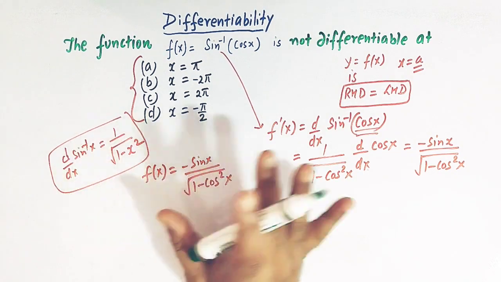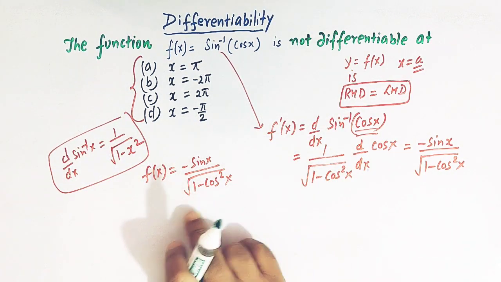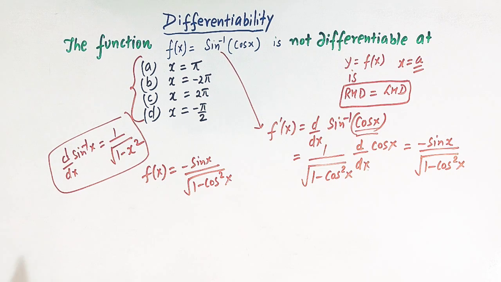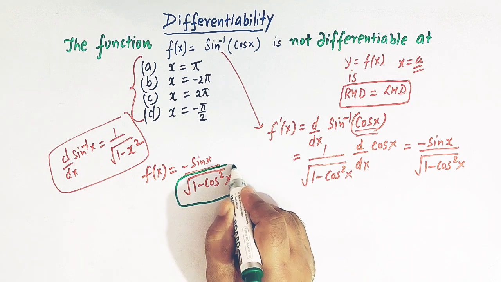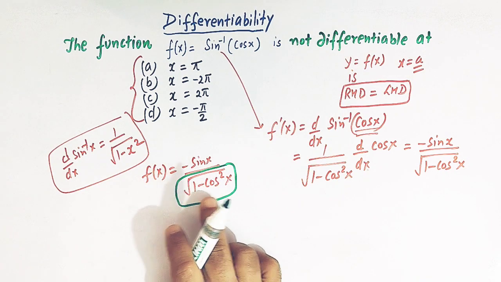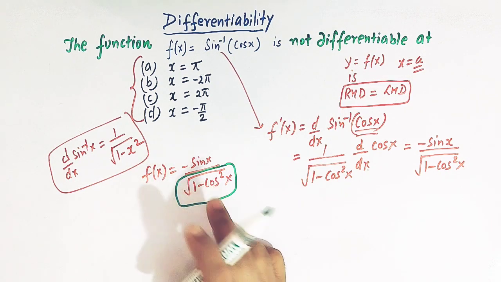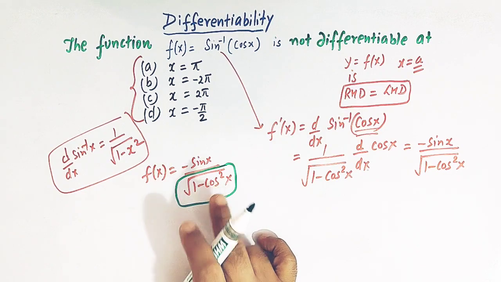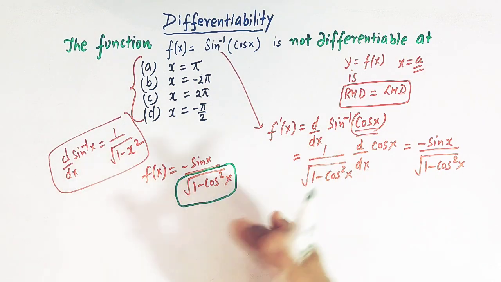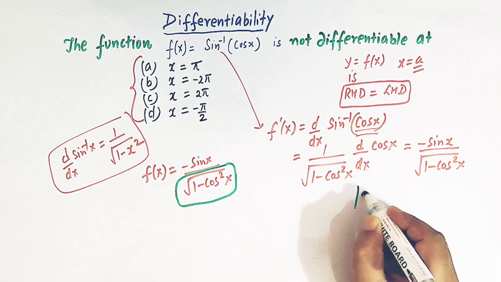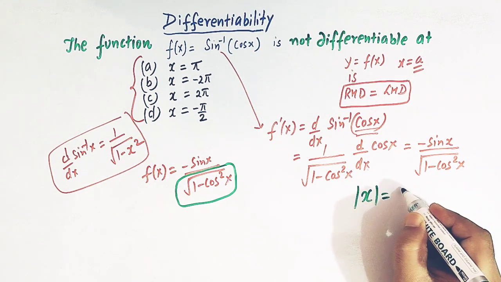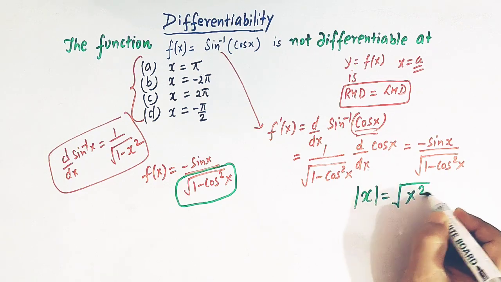Now we can use the concept of the absolute value function. Let us concentrate on the term in the denominator, the square root of 1 minus cos square x. From the theory of functions we know that mod of x is defined as square root of x square.